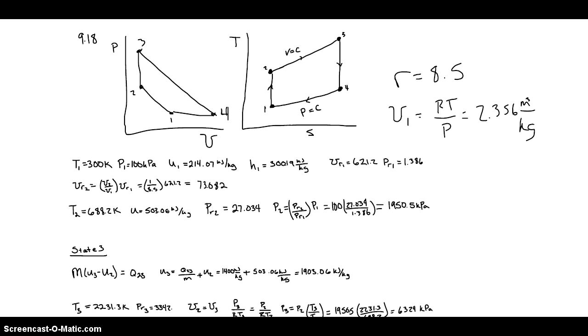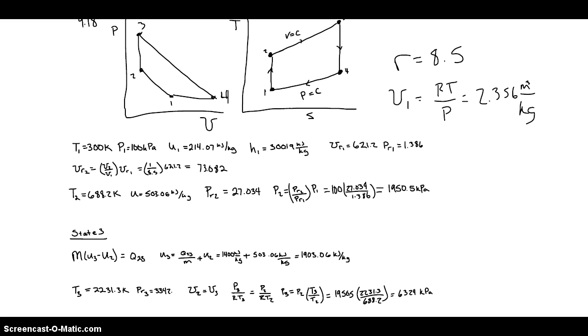Okay, using the information we were given for state 1, all we need is T1 because we're doing an air standard analysis. We will be able to calculate the internal energy, enthalpy, and the specific volume ratio.